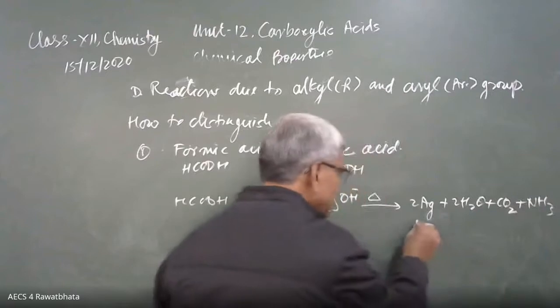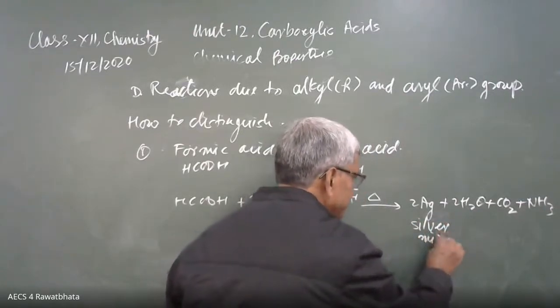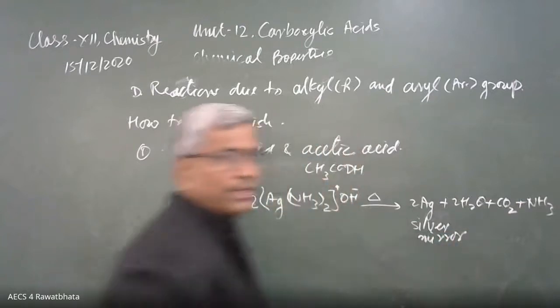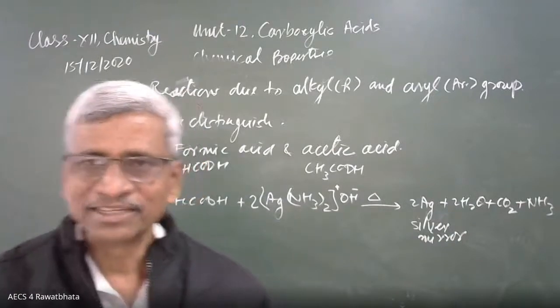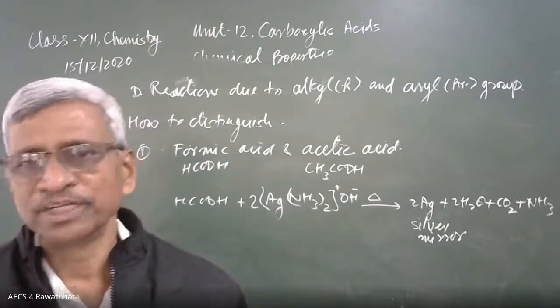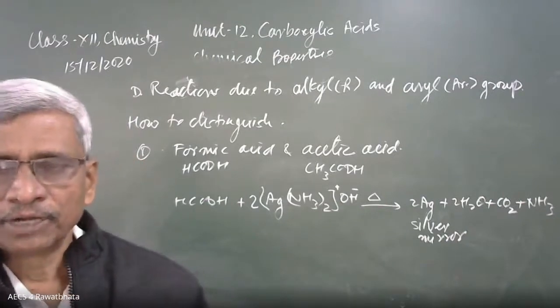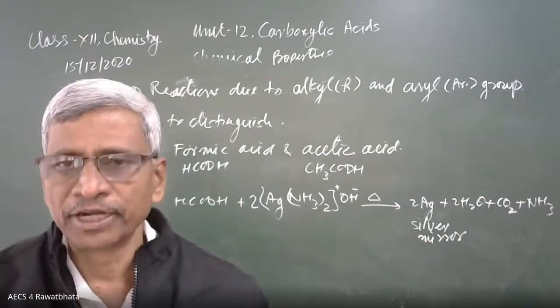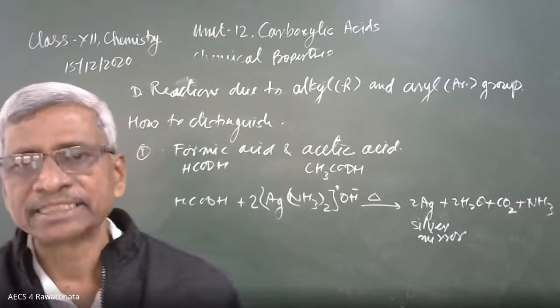Here it is the silver mirror. The test tube becomes silvery white. It is seen that from inside there is a silver coating. A smooth, homogeneous silver layer is formed inside the test tube. That's why it is called the silver mirror test.